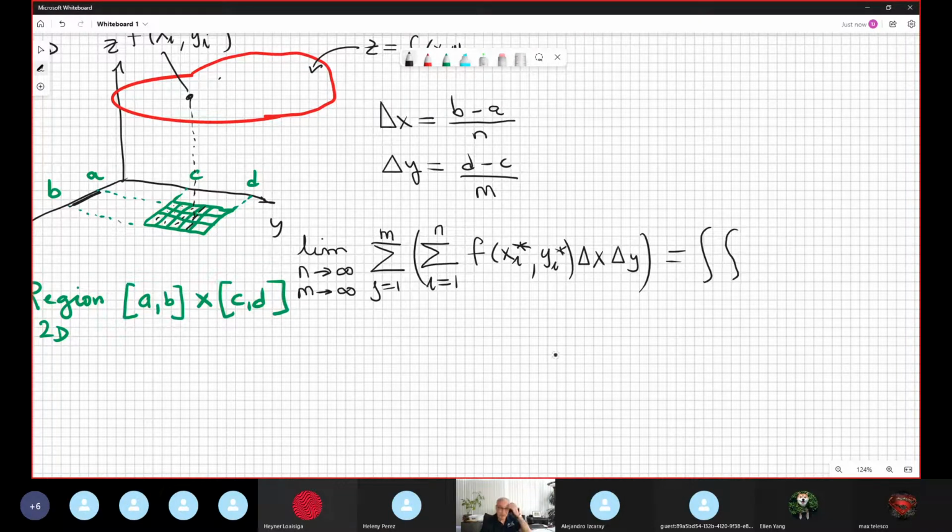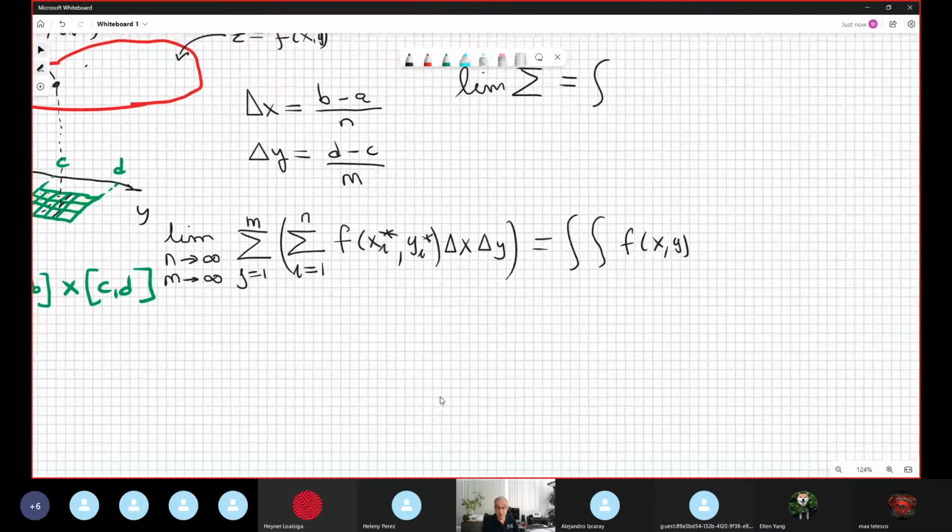Why double integral? Because when you see this symbol, limit and summation, the Riemann sum is somehow equal to the integral of the function at any point, and here you put dx dy.